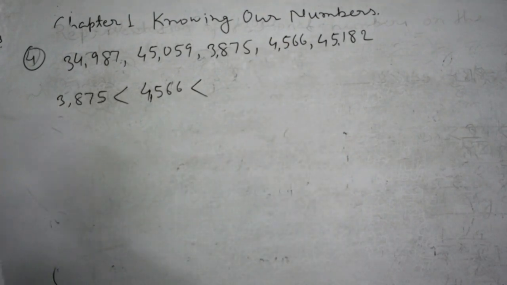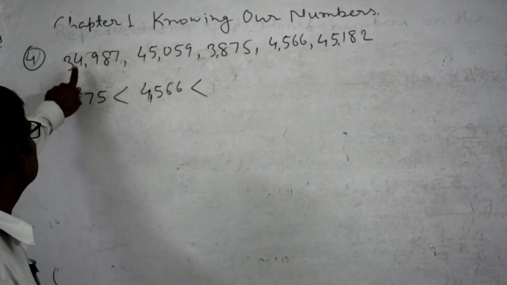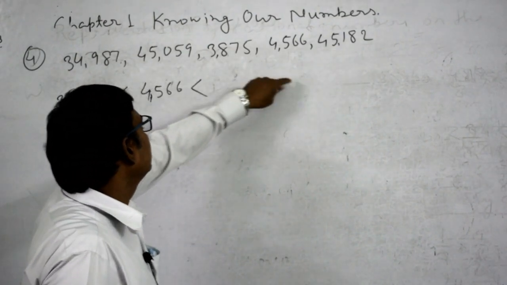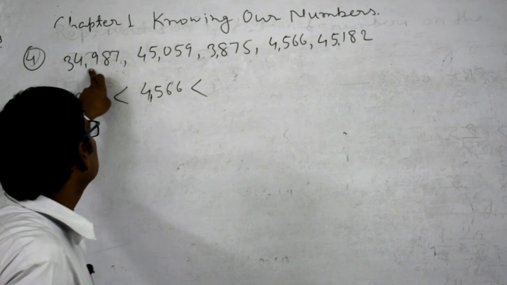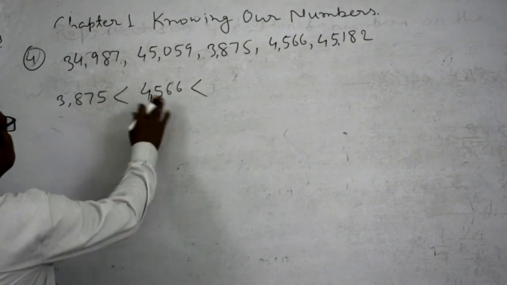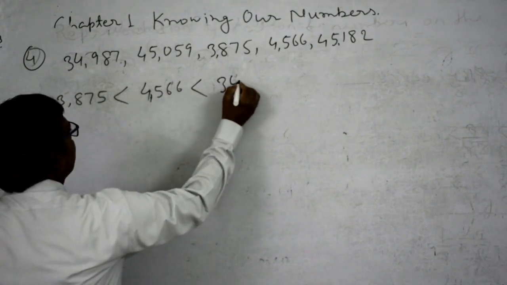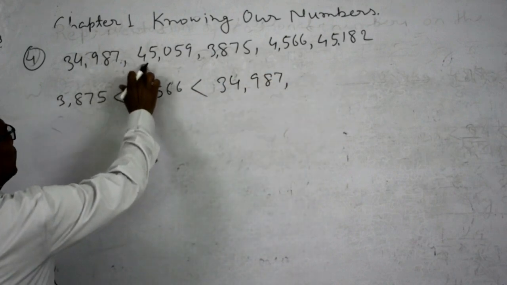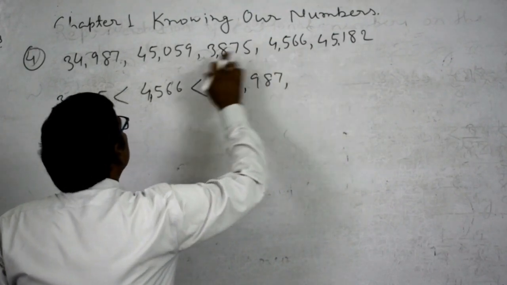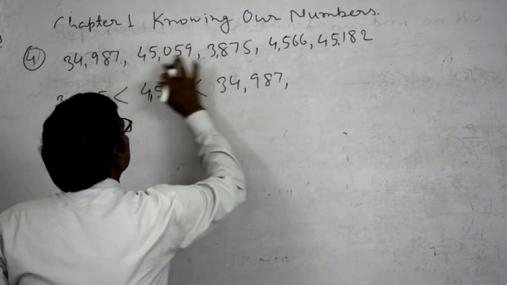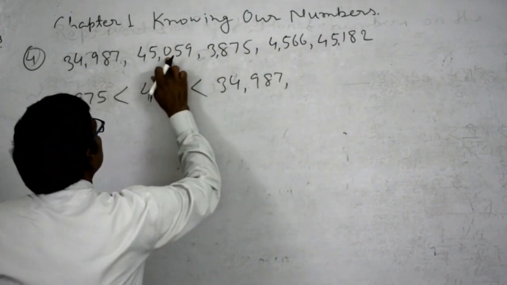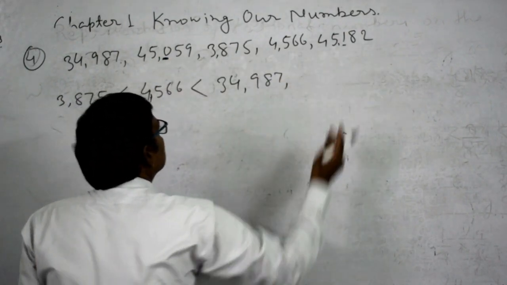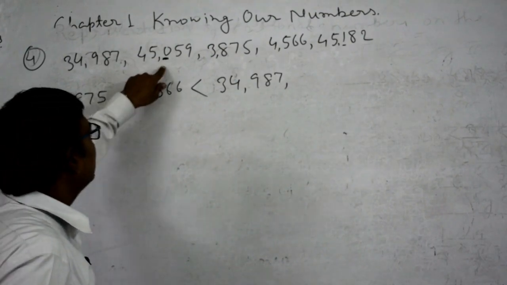Which number is bigger than this number? Now see that here you have this 34,000 something, 45,000 here, and this is also 45,000 here. So out of these 3 numbers, the smallest one is this. So after this number we will have 34,987. Next is, now see that it is 45,000 here, also 45,000 here, but at the hundreds place it is 0 here and this is 1 here.